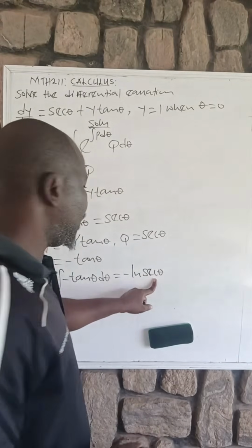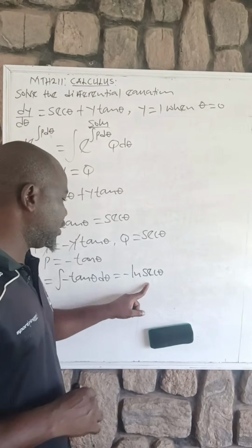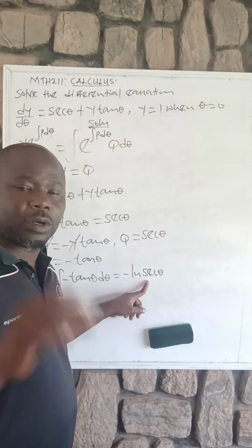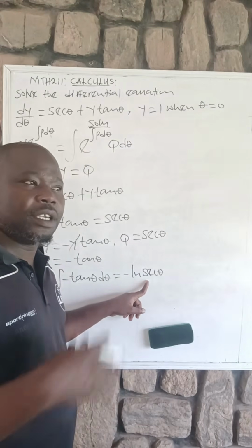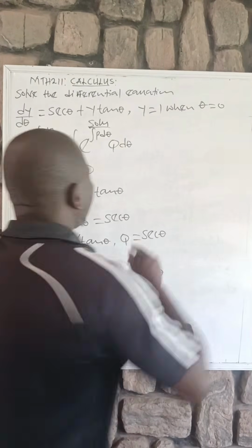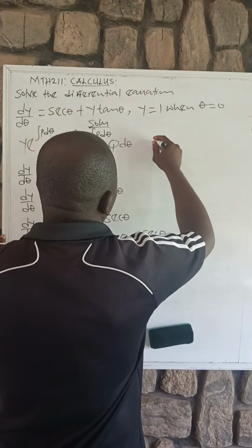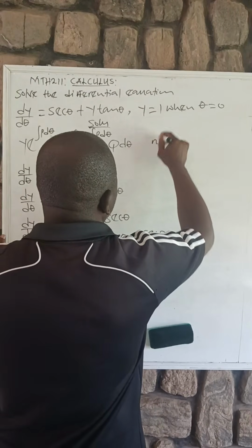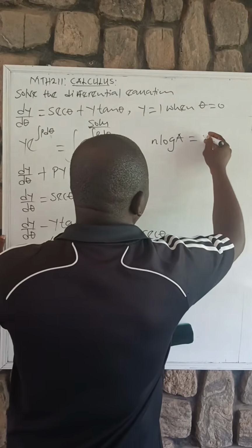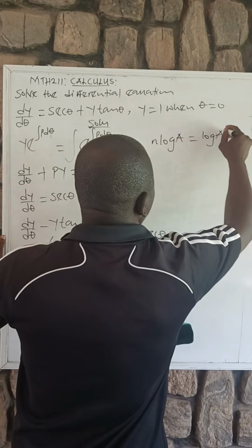Now, let's go back to our logarithms. We were taught log, both in first semester and even in differentiation. True or false? When we have n log a, we can rewrite it in this form, log a raised to the power of n.